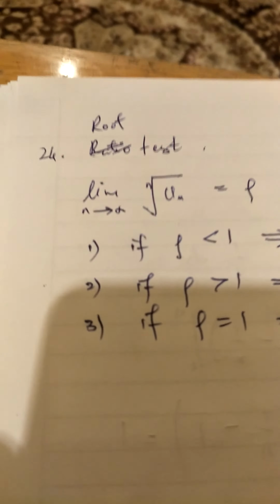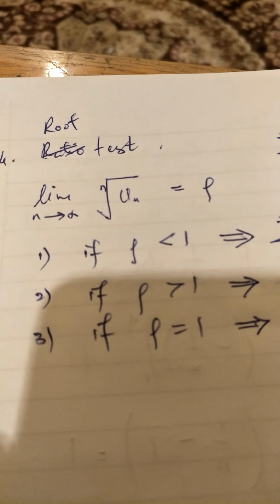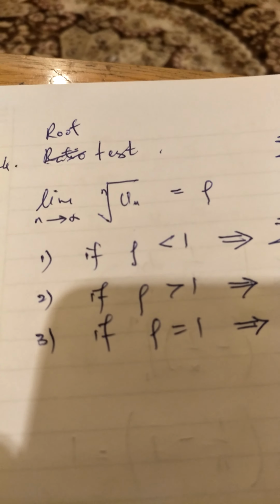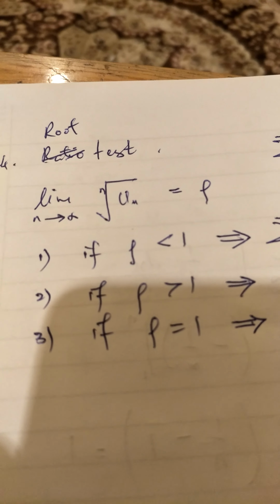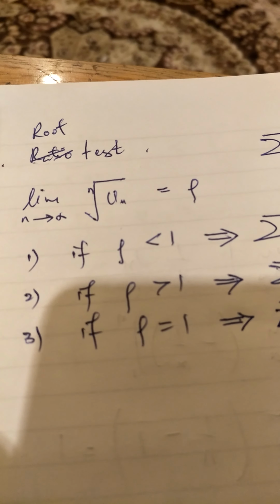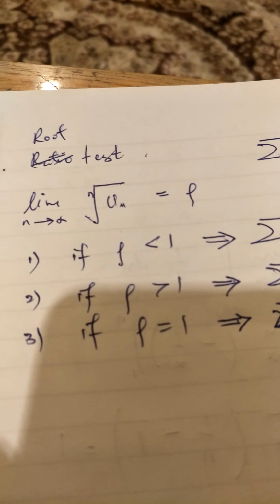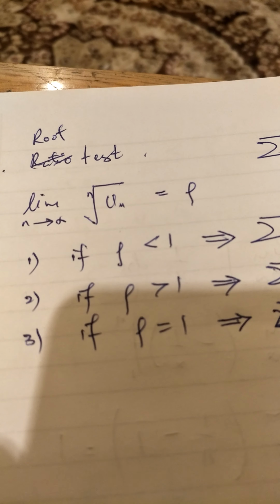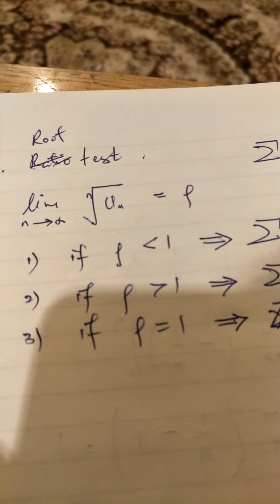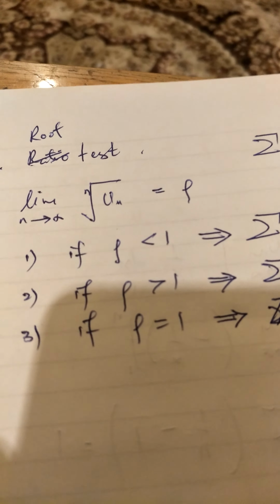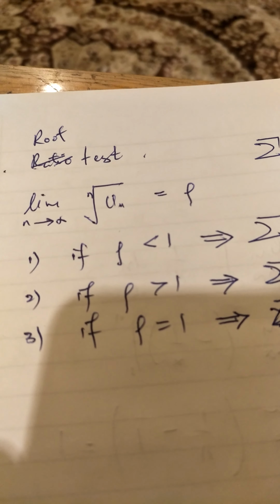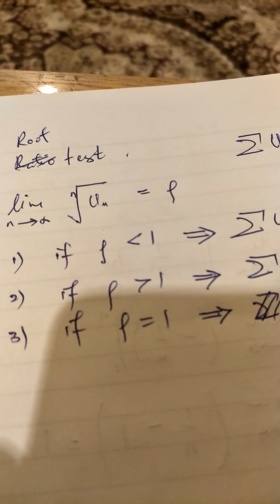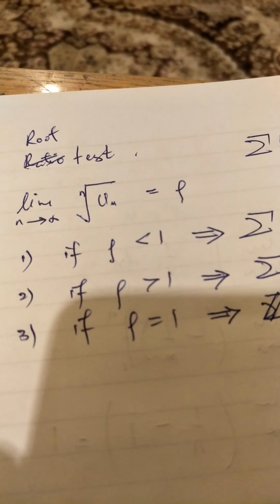Now let's see some examples. Before that, all these tests we use one after another when a test fails to give the required conclusion. If, let's say, the comparison test cannot give any decision on whether the series converges or diverges, then we go to the second comparison test.